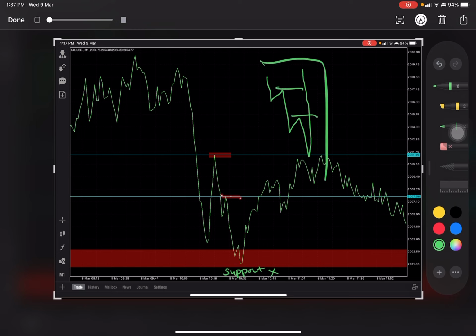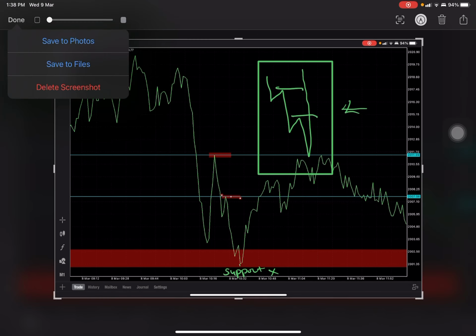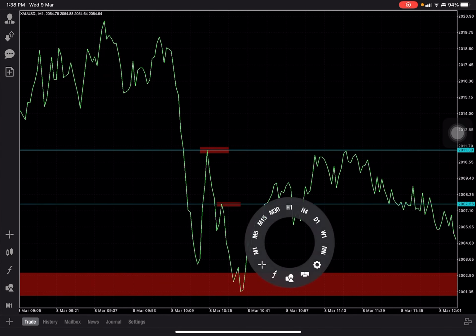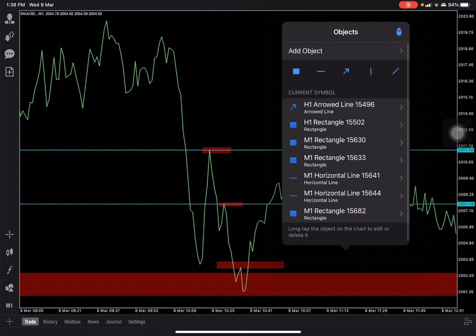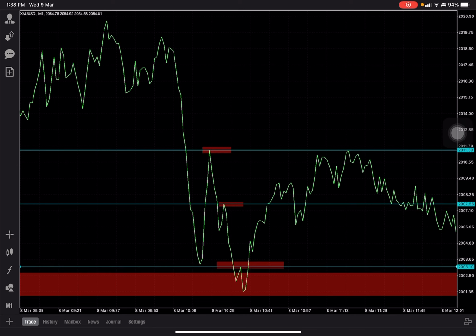So in drawing it look like this, but in real charts it will be like this. You see, let me adjust the marking. Another one resistance is here. Okay, and we can place one line here.